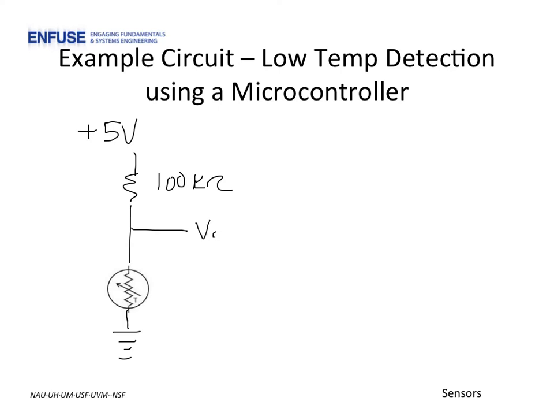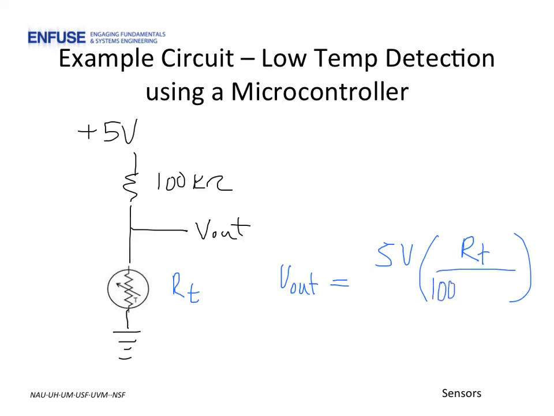We could then investigate, as before, what happens at the node between these two components. Let's call this thermistor resistance RT. Then Vout can be found from a voltage divider as 5 volts times RT over 100K plus RT.